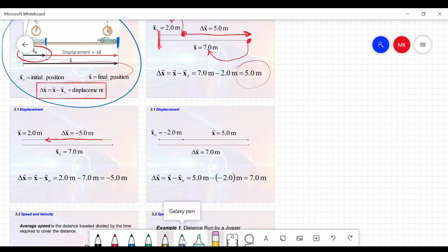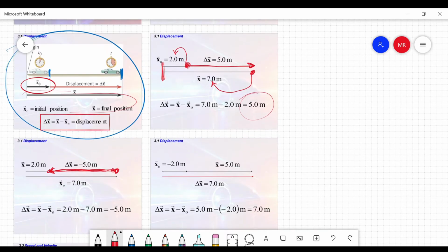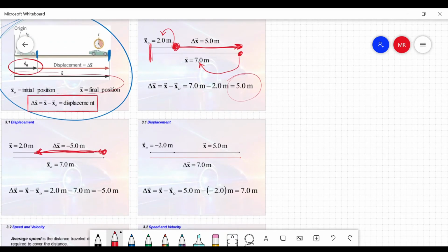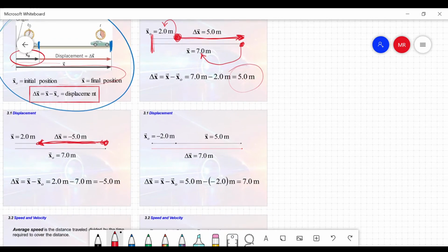So dito, measure niya lang mula dito sa point na to, papunta dito. Kaya ito ay negative 5 meters kasi ito yung measure niya. Ito naman yung measurement mula sa starting point going to the right. Okay? So, the positive and the negative sign just denotes the direction.